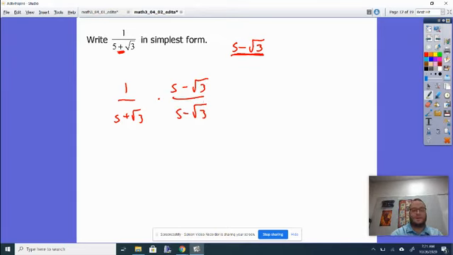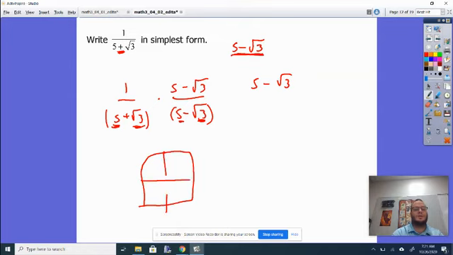Okay, well, the nice thing here, at least on the top, is that 1 times anything is just that thing. Now, this should look very familiar from what we did in the last one. If I put parentheses around this, I really have A and then B's and their difference. So this is going to be that difference of squares. But just to show you how this would work, I've got 5 plus the square root of 3, 5 minus the square root of 3.